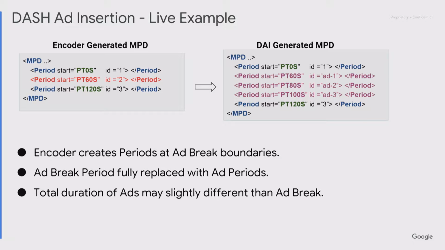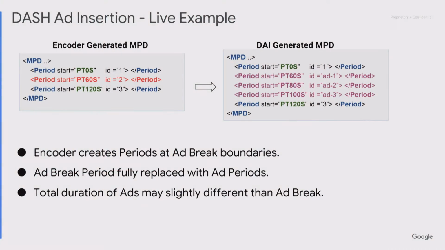Now note that at the time we're inserting the period, we just don't know how much content is actually going to be replaced. We have some idea as specified in that binary marker that has a break duration, but that's a theoretical break duration, as we call it, because that may or may not match the total duration of the period that's being replaced.